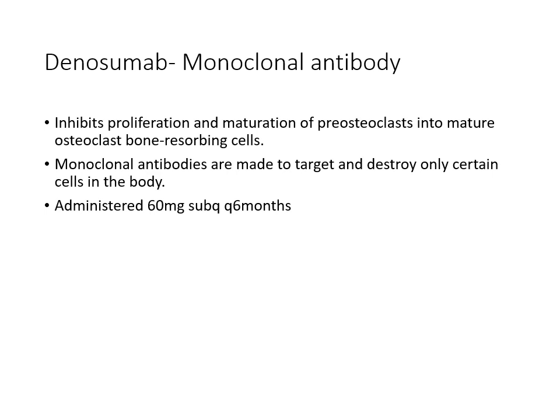This inhibits the proliferation and maturation of pre-osteoclasts into mature osteoclast bone resorbing cells. These monoclonal antibodies are made to target and destroy only certain cells in the body, so they are more targeted. The normal dosage is 60 milligrams subcutaneous every 6 months. And that's all about osteoporosis.